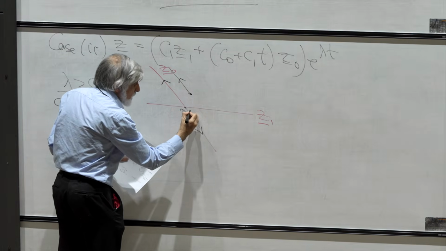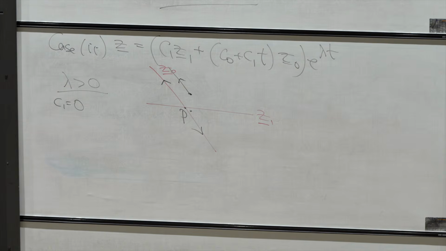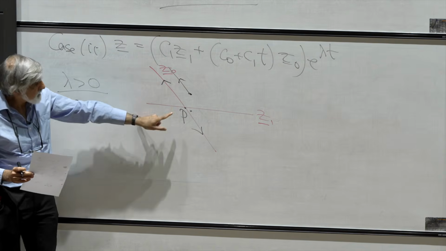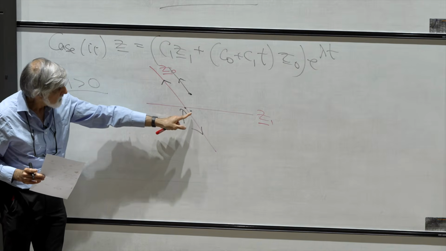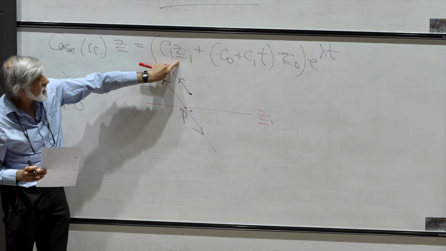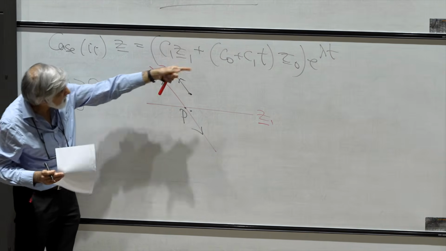What happens if I start here? Then what I've done is I've taken C1 bigger than 0. Okay, and when t is small, Z1 and Z2 are roughly equal to each other.